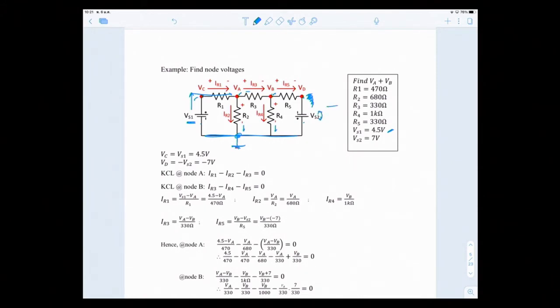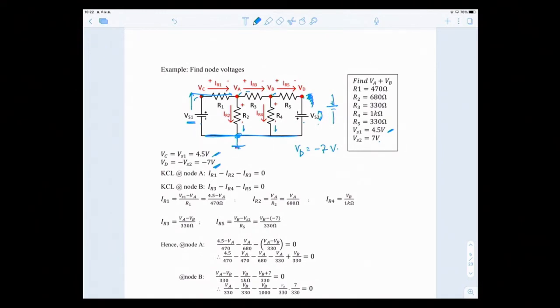It's not positive and negative like this, it's actually flipped. So VS2 is 7, and therefore VD is equal to minus 7 volt. You have to be careful, see the importance of sign for the voltage. So VC is 4.5, VD is minus 7.